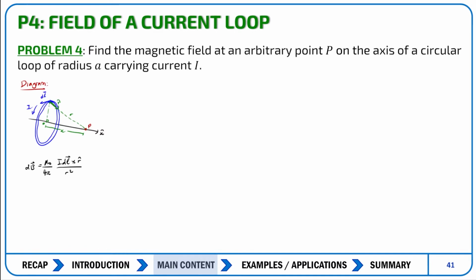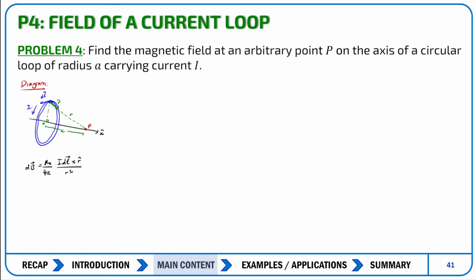Remember in our notes we said we have to first find the cross product, so that means we need dl and r. And the last thing we need for this problem, which we can solve right now, is the direction of the magnetic field. So if I have dl going this way and r going towards P, where is my magnetic field pointing at P?